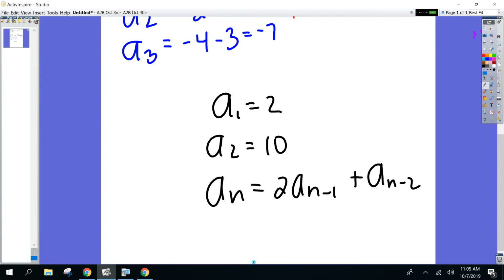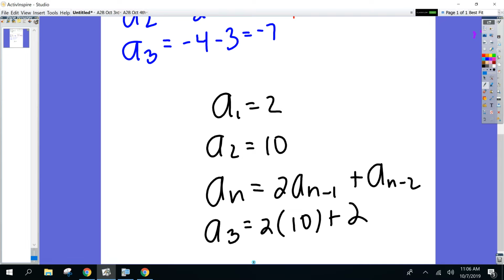Now, how do you find the third term? 2 times, what's this being again? Previous, term before, which would have been what in our case? 10 plus, now if I pull this one too, the term before that one, which in this case would have been 2. Okay? So that's the only thing different you could say. Any questions there?